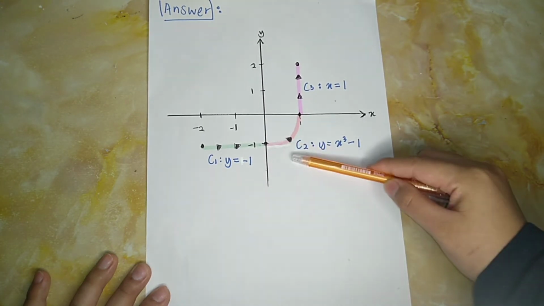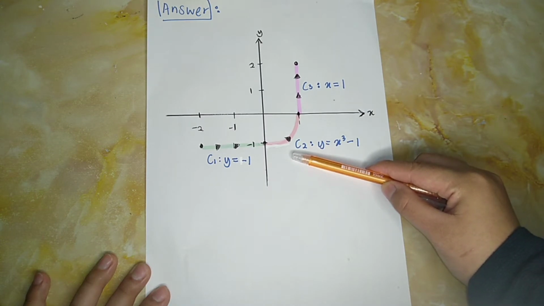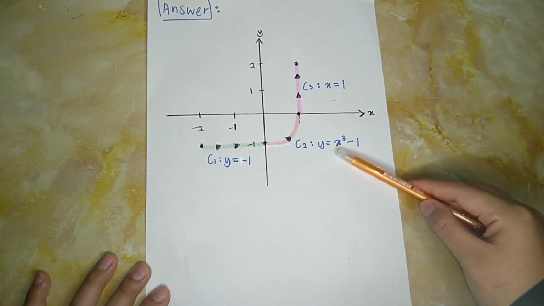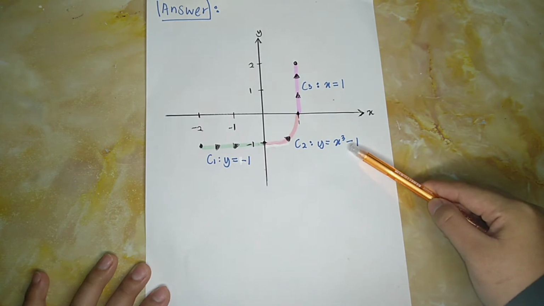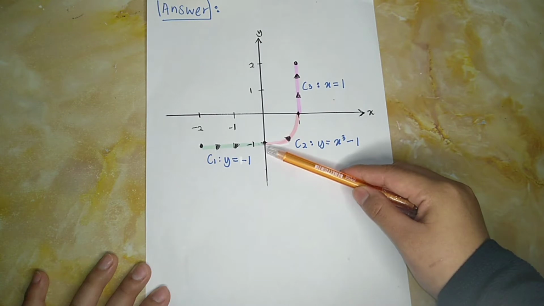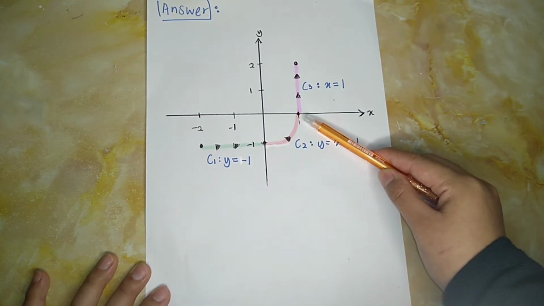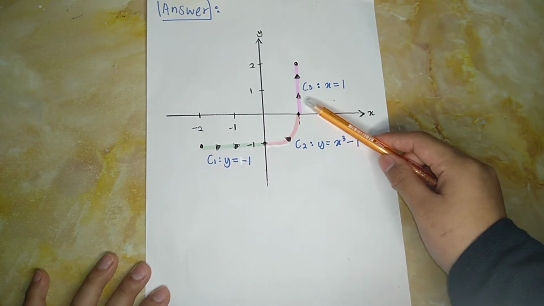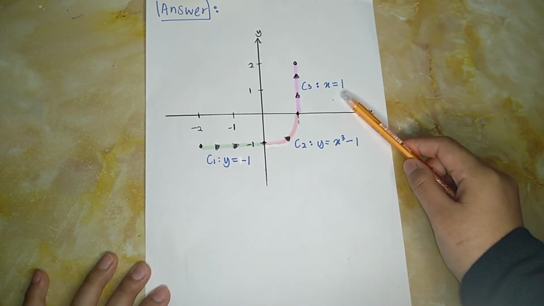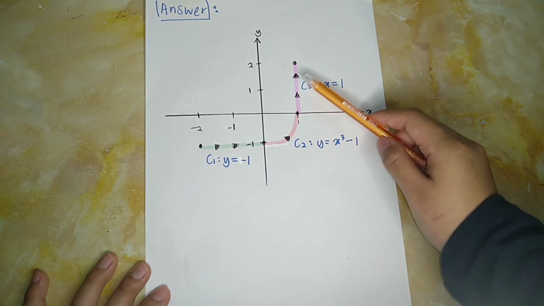Then for C2, we have a part of the cubic graph y equals x cubed minus 1 from point 0, -1 to point 1, 0. Then at C3, we have x equals 1, where the line goes from point 1, 0 until 1, 2.